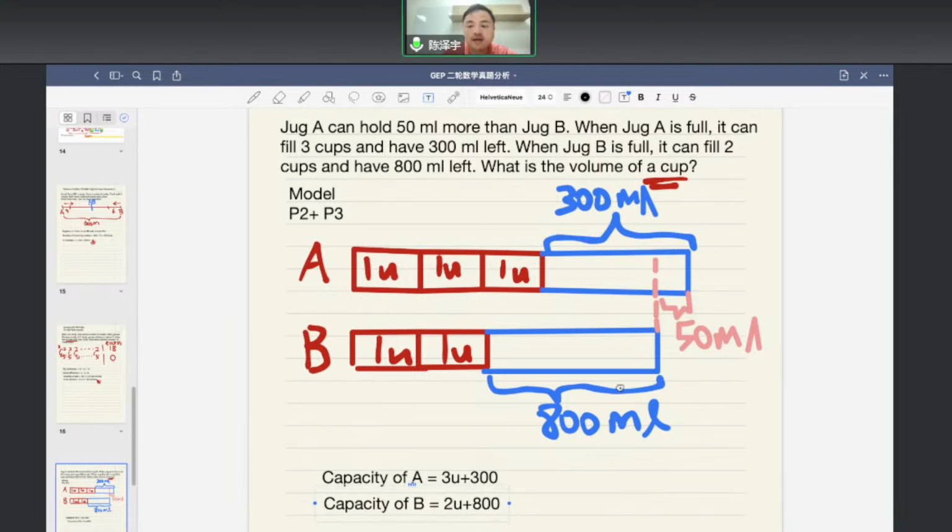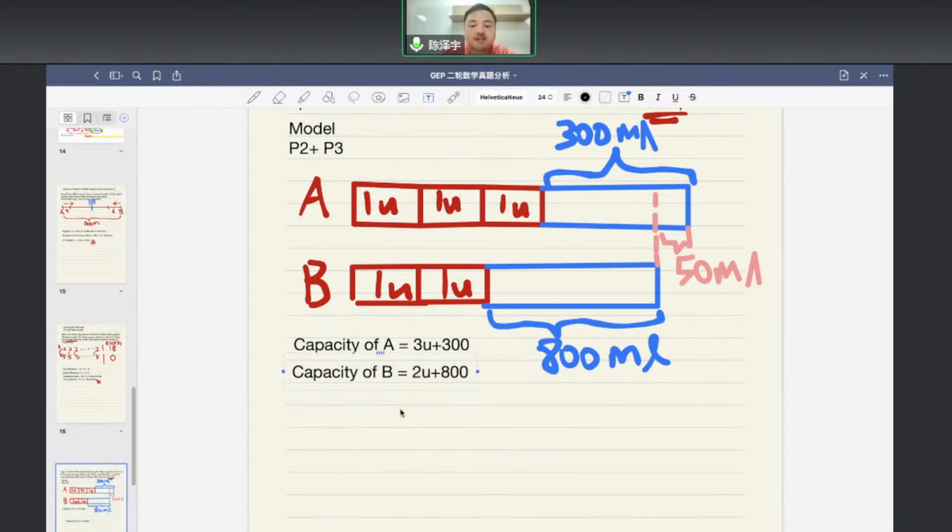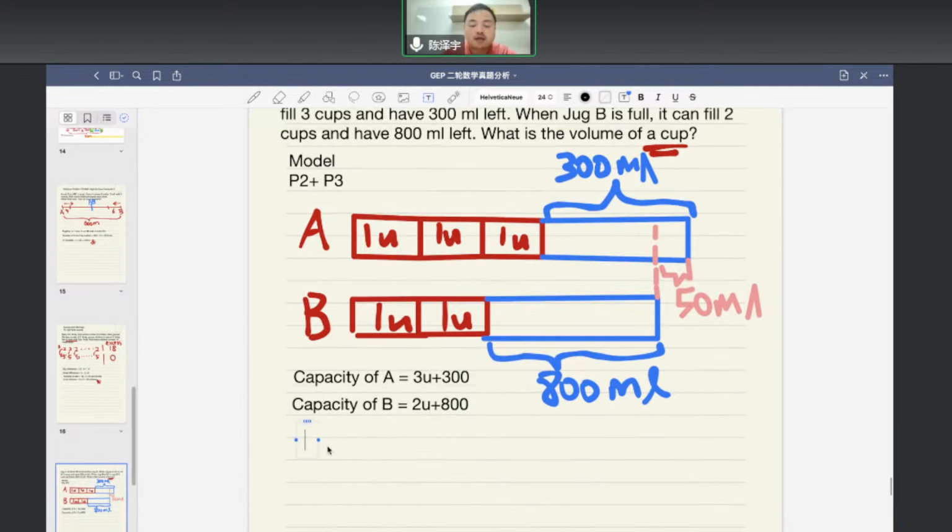However, we know that A can hold 50 ml more than B, right? If I want to make both of their capacities the same, then 3U plus 300 will equal 2U plus 800 plus the 50 ml difference.